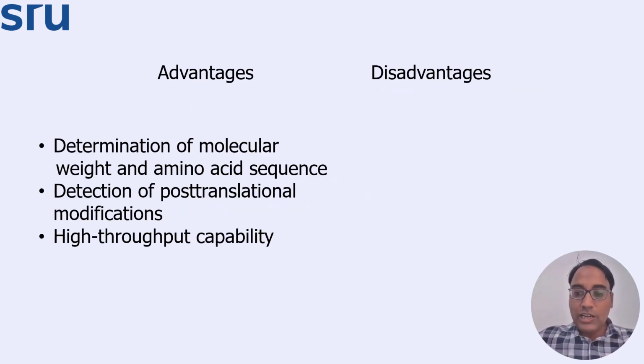So if I discuss the advantages and disadvantages of this methodology, there are a few very important advantages. First is the determination of the molecular weight of the amino acid sequence. You will claim, sir, we can get that by protein sequencing also, but there you need to do it separately.